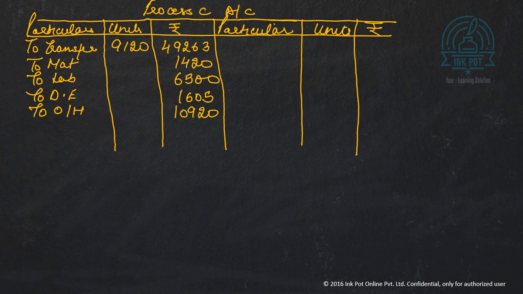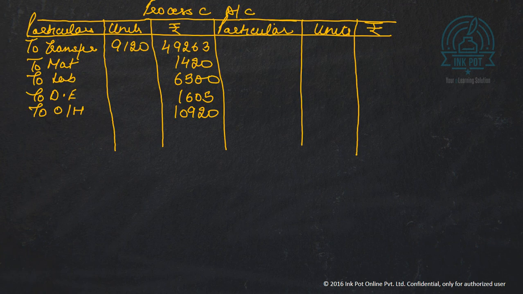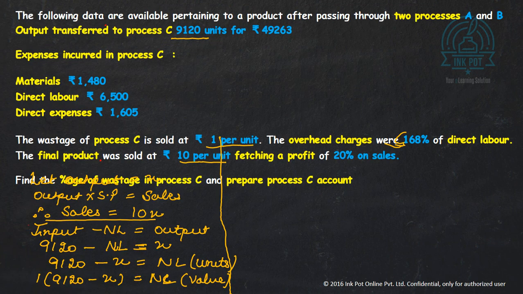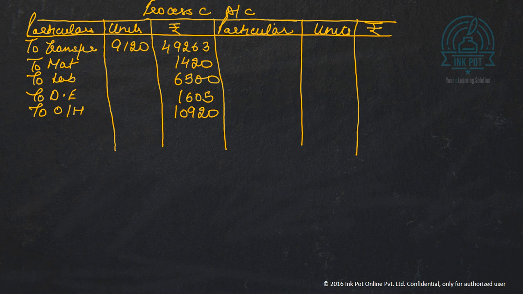Now we have to calculate, so let me calculate here only. We know that sales is equal to 10x.